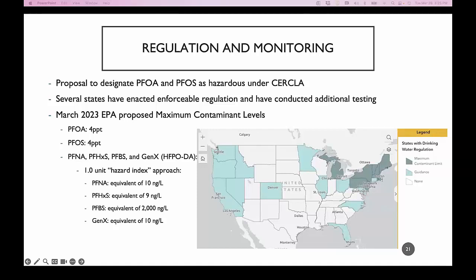The darker blue states have regulatory levels for certain PFAS, while the lighter blue states have some sort of guidance or advisory level, and then the states that are not shaded have no PFAS drinking water guidelines whatsoever. So we've seen quite a range in PFAS regulatory approaches at the state and federal level, and this has been one of our research projects at the PFAS Project Lab. We'll talk more about that in a moment.